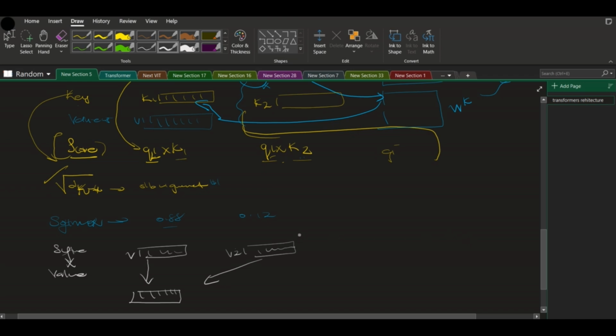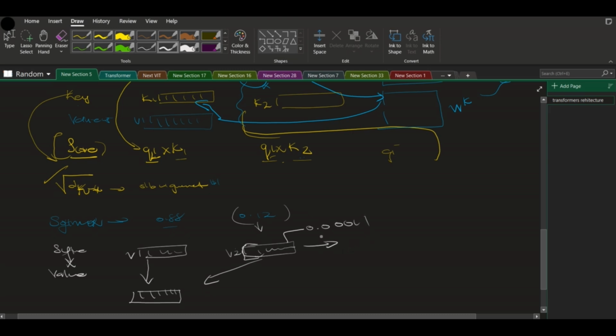Essentially, why do we do this? It's because we keep the value intact so that we can kick out all irrelevant weights. For example, let's say we have a value here and we multiply this by a very small score that we got after softmax, say 0.0001.